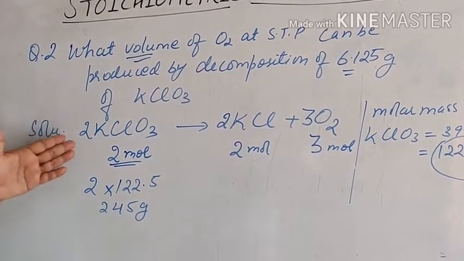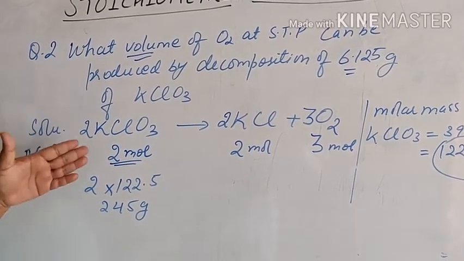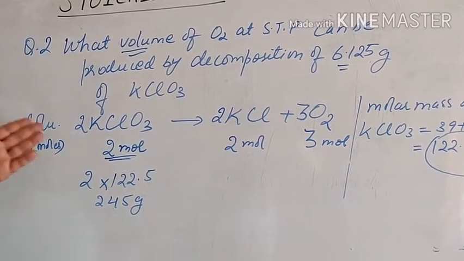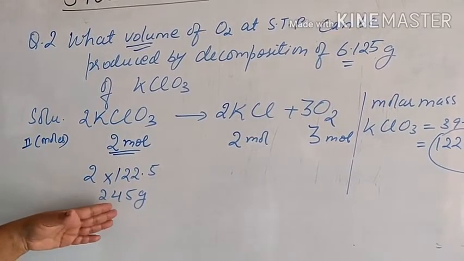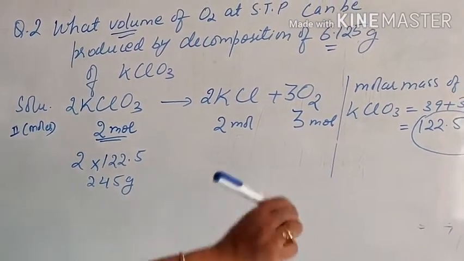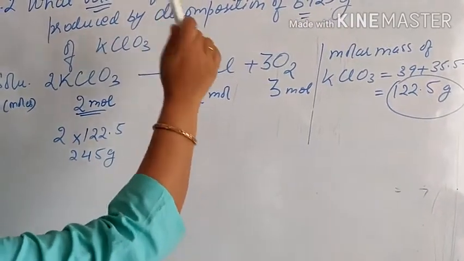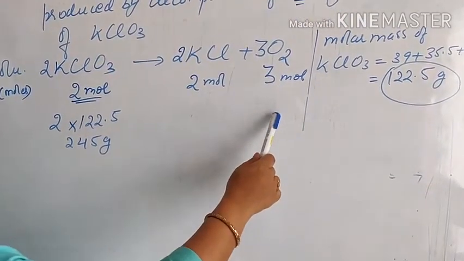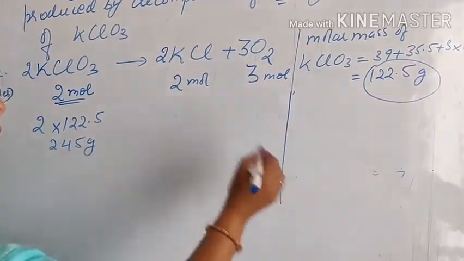So the number of moles involved for KClO3 is 2 mole. We have changed it into grams. It is 245 gram. Now we have to determine the volume of oxygen gas obtained at STP.